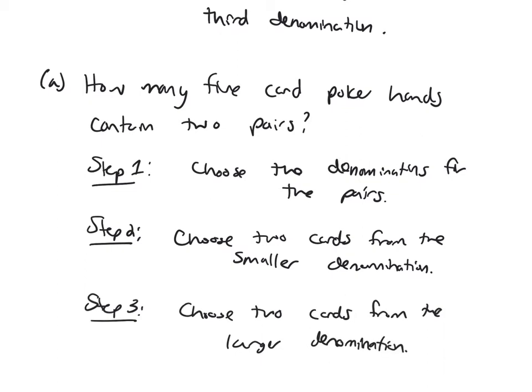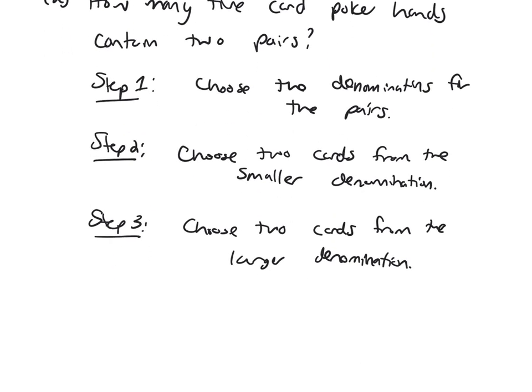So if I have 2 3s, I'm going to select those next. And finally, step 4 is you have an extra card that's not involved in the pairs. So you're going to choose the one remaining card. And here, because we're breaking it down into these independent steps, you're going to use the product rule.